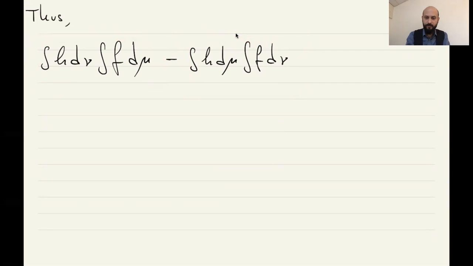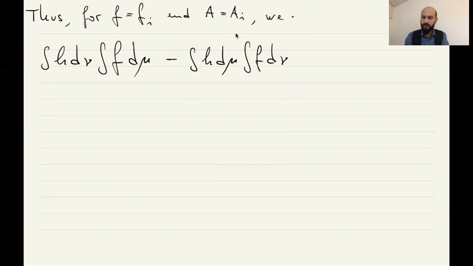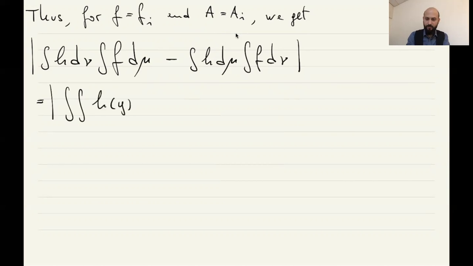So f is going to be one of the fi's, and then eventually there will be the ai, the set we defined before, that contains the support of G. So now we will bound this norm. We wrote it in the following way. So this was the integral. In both cases we had h of y, remember.